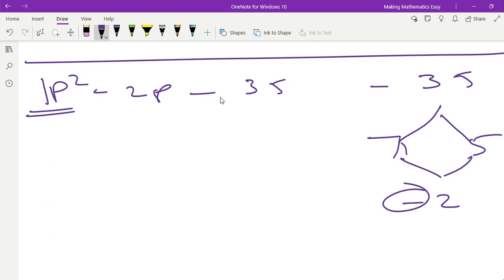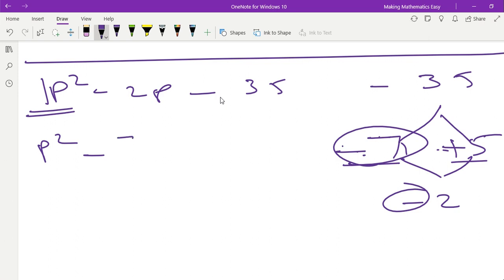This sign will go to this sign and this will be positive, because 7 5s are 35, plus minus minus. Minus 7 and plus 5, plus is plus, minus is minus. 7 minus 5 is 2, and the sign of the bigger number, which is 7, will come over here. So this is p square minus 7p plus 5p minus 35.